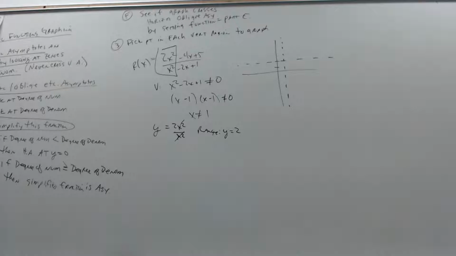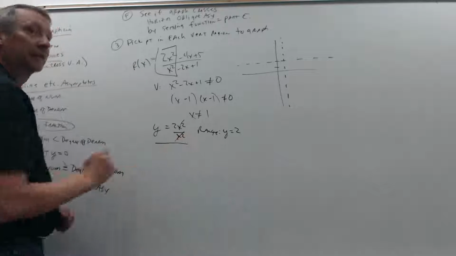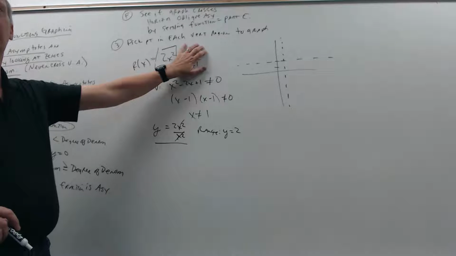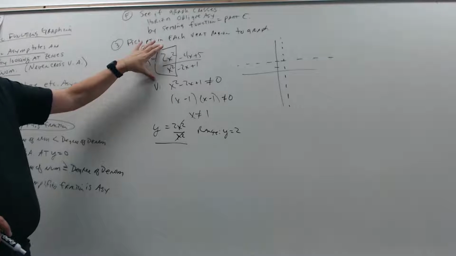So I kind of went through those 2 steps super fast. The degree of the numerator is not less than, so that doesn't apply. If it's greater than or equal to, we use the simplified fraction, which I just did here. We just ignore all these terms, because as x gets big, these terms don't matter as much as the first terms.